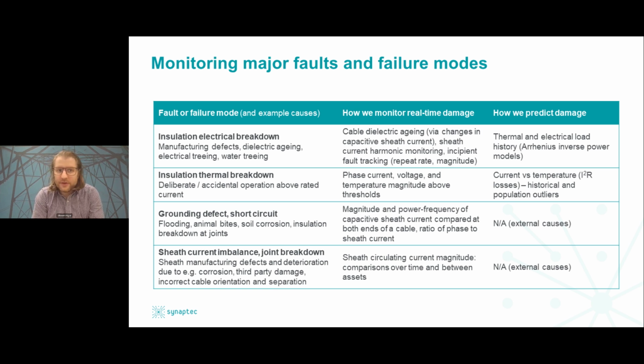So that's actually a really useful tool for us to monitor and use, because it really highlights common installation problems that can occur, or if something degrades over time, then that can be apparent through this metric of the ratio of phase current to sheath current.